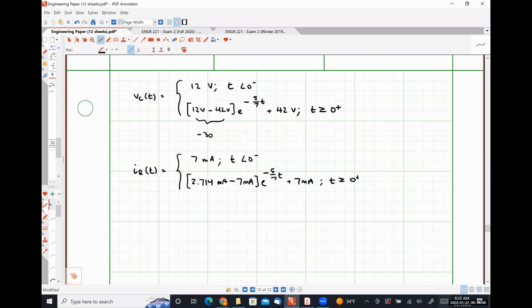And let's see, 2.714 minus 7 is going to look like negative 4.286, if my mental math is correct. All right. So transient analysis problem has been analyzed.